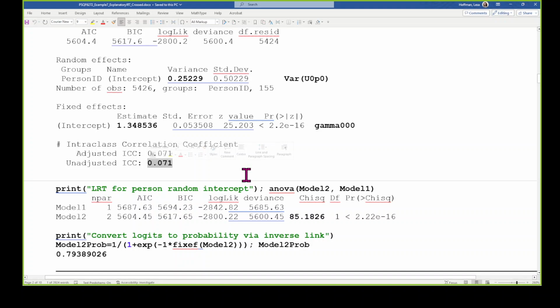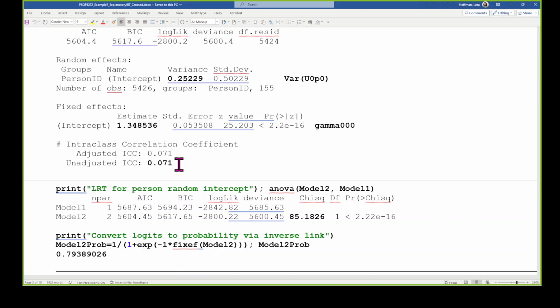But yeah, 7% of the differences are due to differences in people's ability to answer these items correctly. Person mean differences in this context. So the idea that ICC tells you the proportion of variance that's between, that is always true. It is up to you to figure out between what based on the context of the design and the sampling.